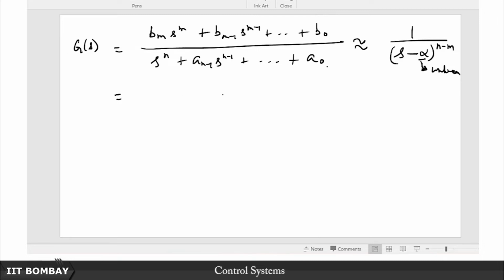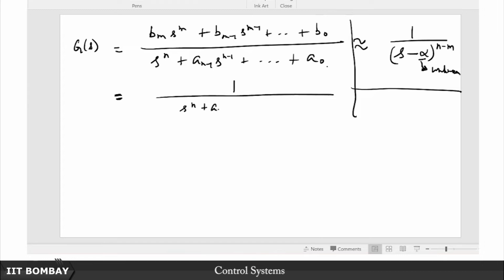Here's how. Forget about this part for the time being, just look at this. You look at this and you find what? We say that this is 1 over s to the n plus a n minus 1 s to the n minus 1 plus dot dot dot till a naught upon bm s to the m plus bm minus 1 s to the m minus 1 plus till b naught.